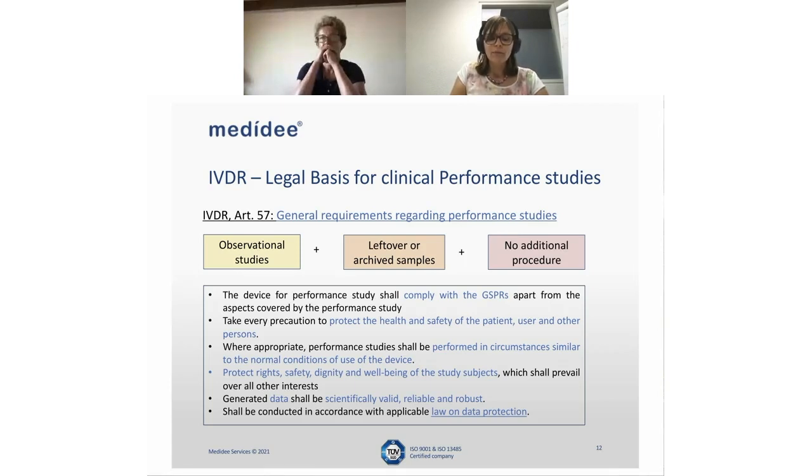For these types of studies, you first need to demonstrate before starting such a study that you comply with all the relevant general safety and performance requirements of Annex I of the IVDR.